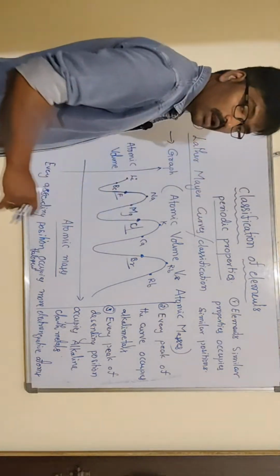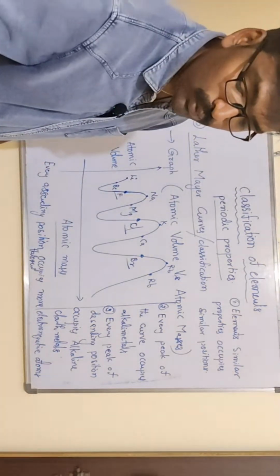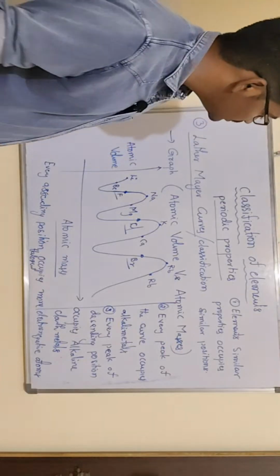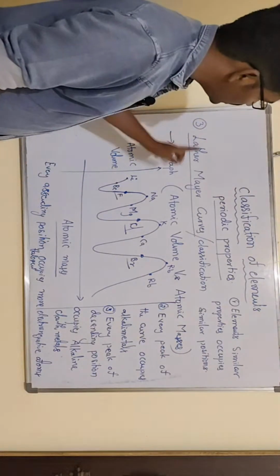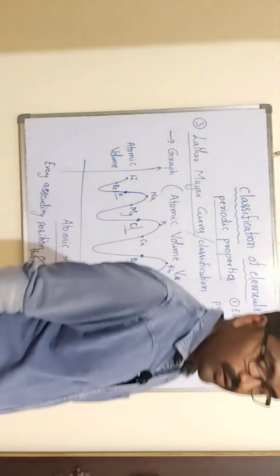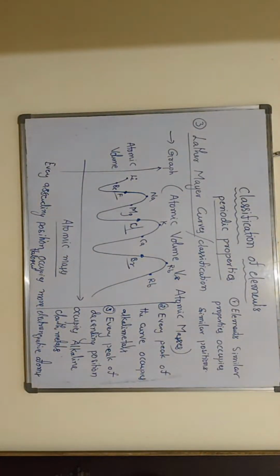So elements occupying similar positions have similar properties. This is the Lothar Meyer curves or Lothar Meyer classification. Just note down all these classifications.